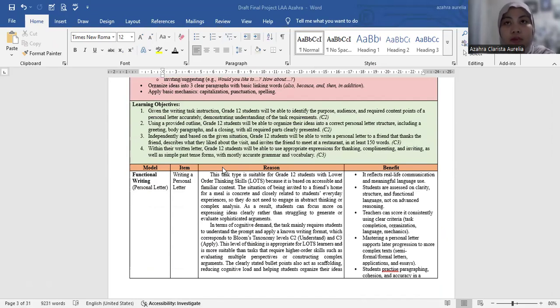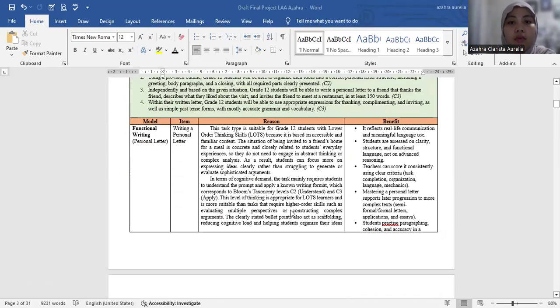The students are expected to understand the task requirements and apply their knowledge to write a personal letter of at least 150 words. And then the model is functional writing, and the item is writing a personal letter.